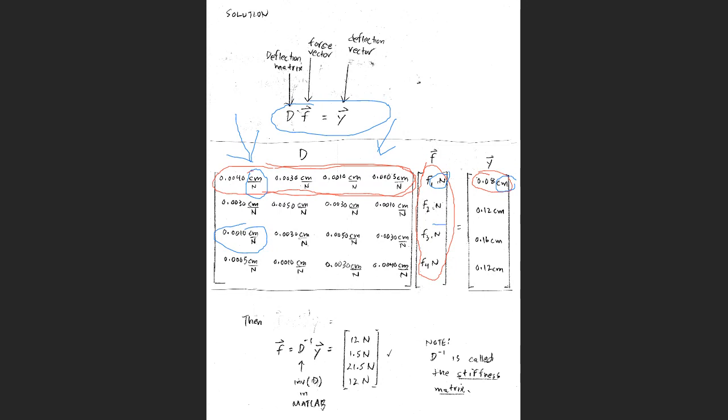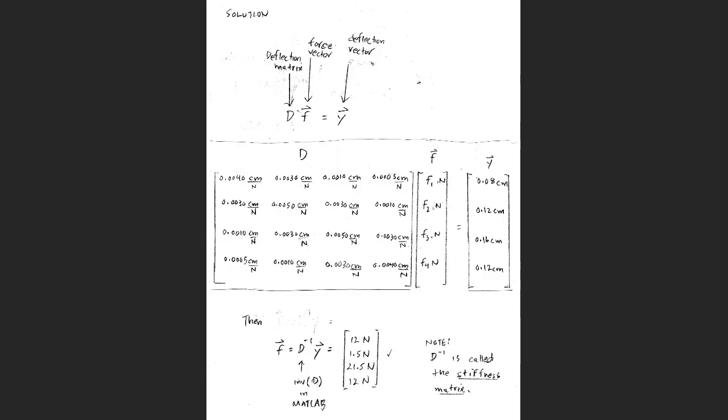So we want to find now the force vector F. Since D times F equals Y, and D, of course, is a square matrix. Let's always remember when we talk about inverses, we need to have a square matrix. Well, if D times F equals Y, then F will equal D inverse times Y, right?